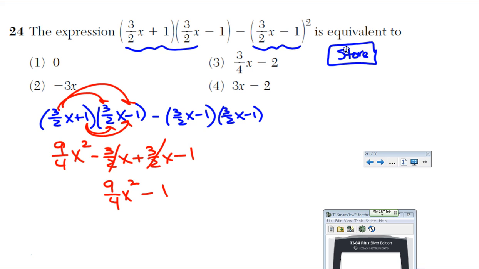And then now you have to do these two, but don't forget, you still have that negative. So I'm going to put that negative here because when I double distribute this, I have to make sure that I negate everything. So this one is really complicated. So I'm going to go ahead and double distribute.